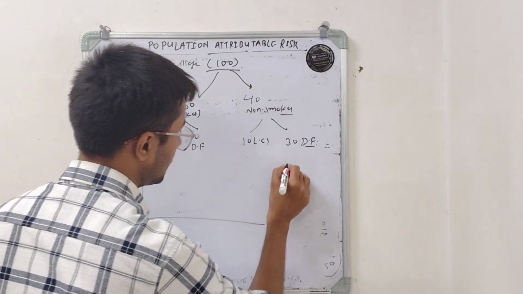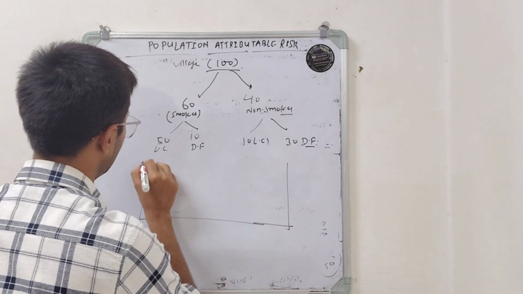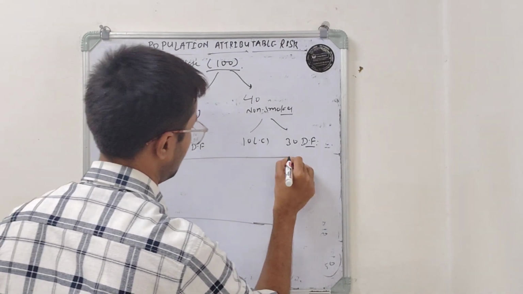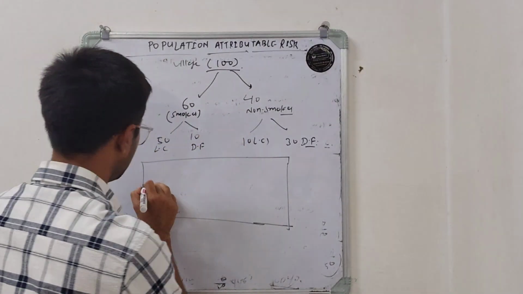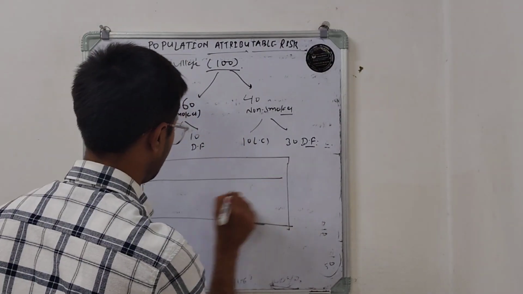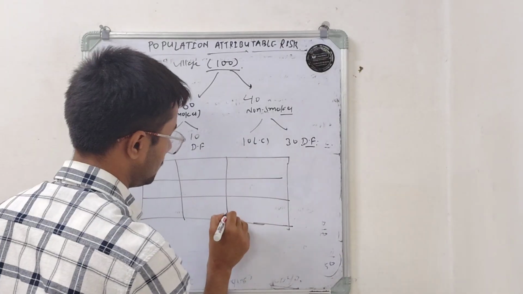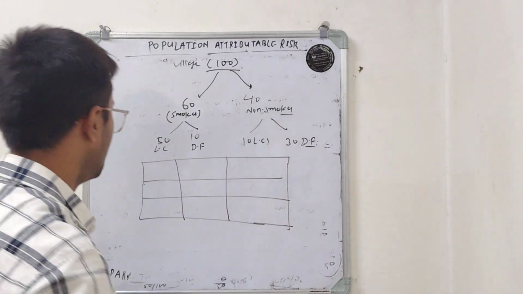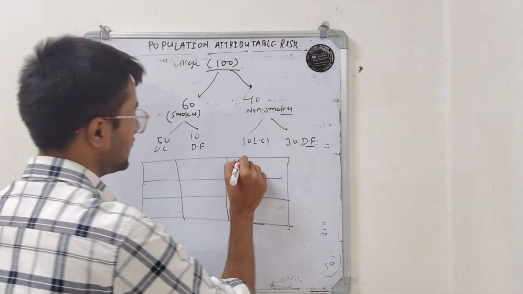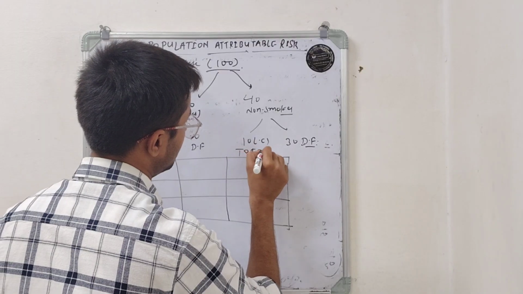So on this, first we formulate the table, then I go for the calculation section. Here we write total population.